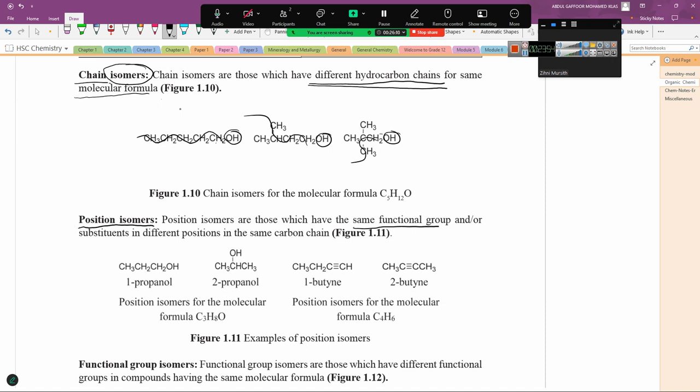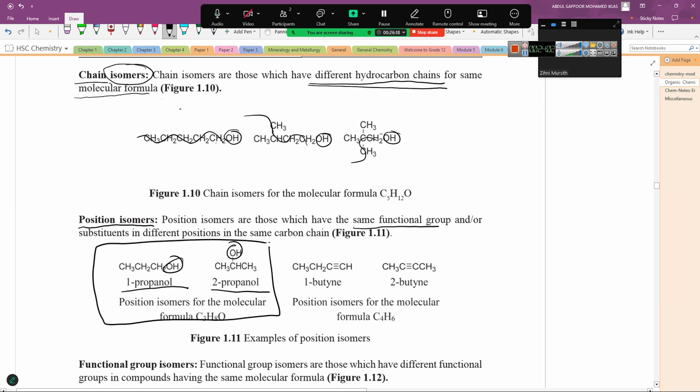So here you can see OH, here also OH. If you consider these two, this is 1 propanol and this is 2 propanol. So if the name changes, they are different. Only the position changes. That's why this is 1 propanol and this is 2 propanol, because the functional group is on the second carbon in the second structure.